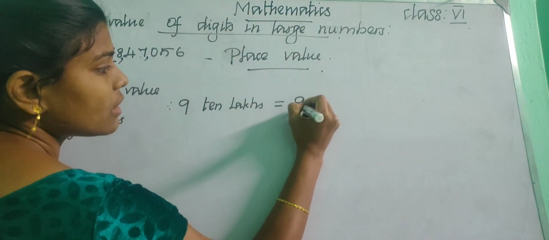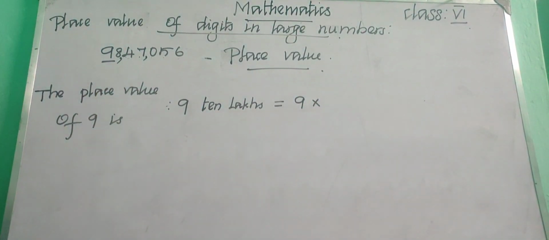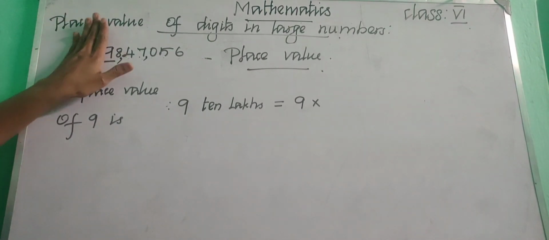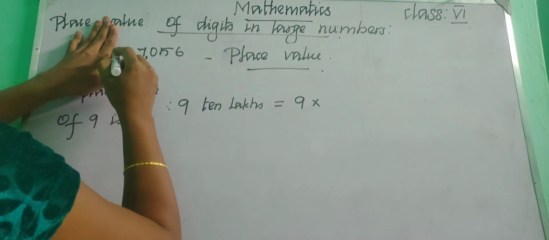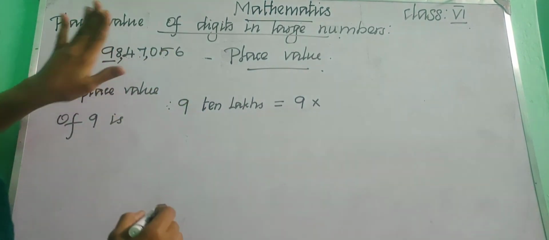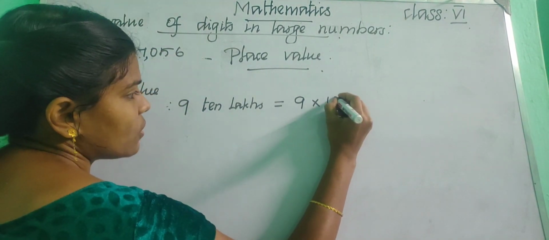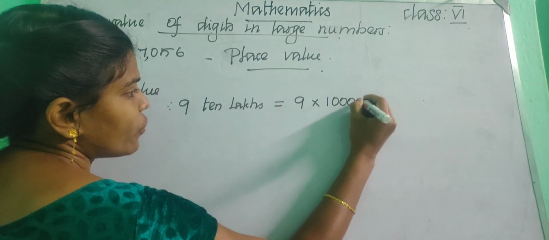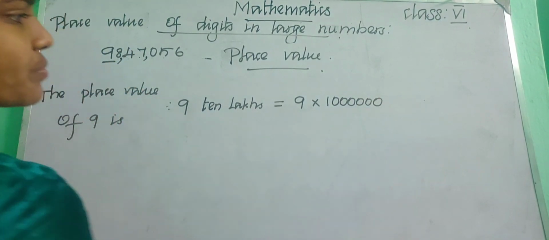In numeral, how can we write? Just hide the number 9 and count the digits. We can put zeros: 1, 2, 3, 4, 5, 6. We need to put 6 zeros.